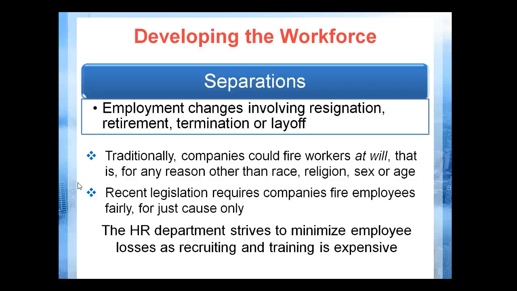Organizations have to comply with law, and they can't terminate you for anything that relates to their race, religion, or age or sex. But there's going to be some more legislation that organizations have to comply with when they terminate employees for cause. They have to document their reasons for this person being terminated.